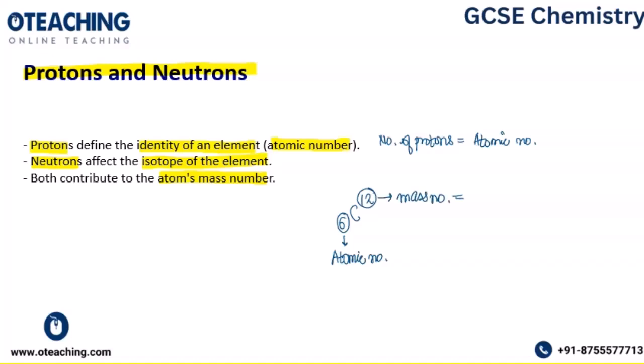And mass number is equal to the number of protons plus number of neutrons. So that is why here it is written that both, that means protons as well as neutrons, contribute to the atom's mass number, because mass number is equal to the number of protons plus the number of neutrons.